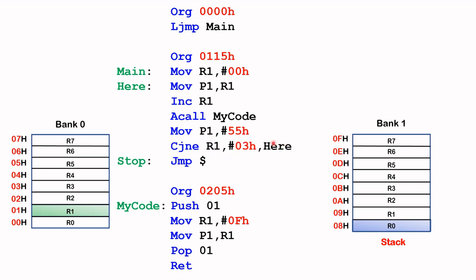If it's not, then you repeat the instructions here, and then it goes down, calls the subroutine again, comes back here, asks the question, is the contents of R1 equal to 03 hexa? If it's yes, then it will drop down to this point here where it says $, and it will remain here, and that would terminate the program.